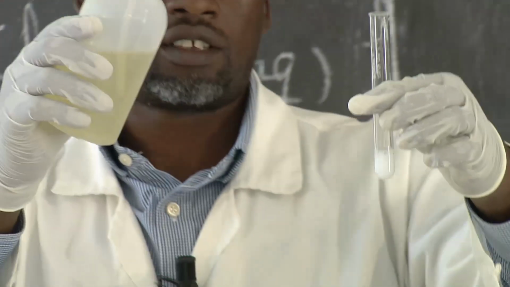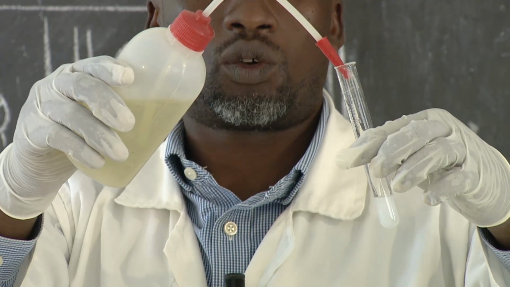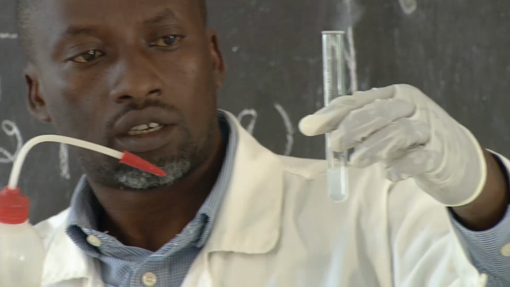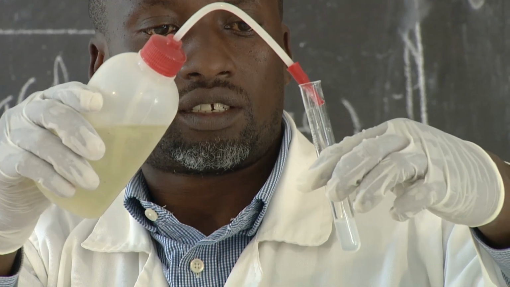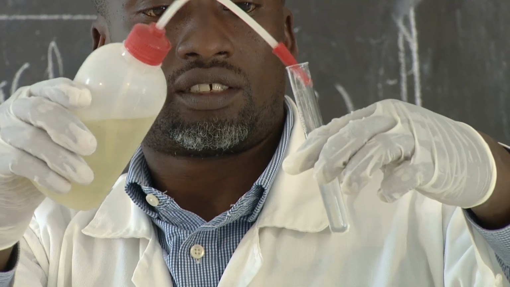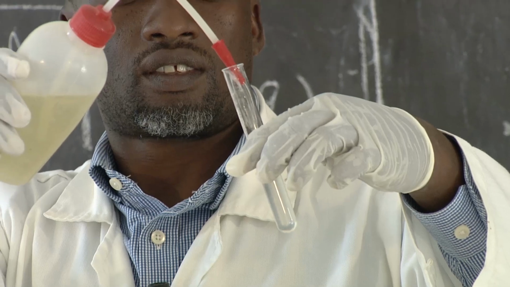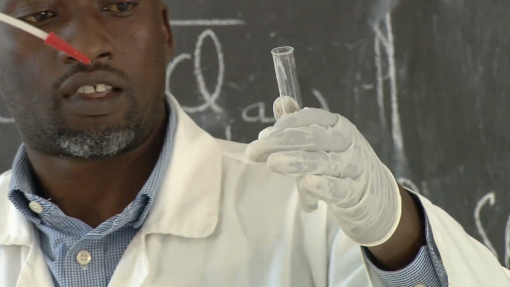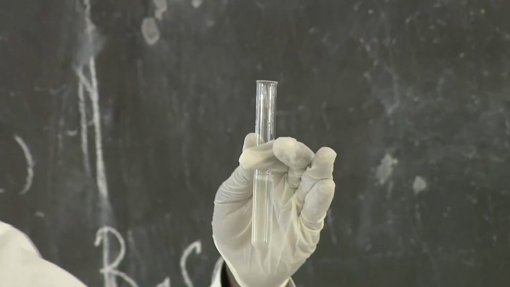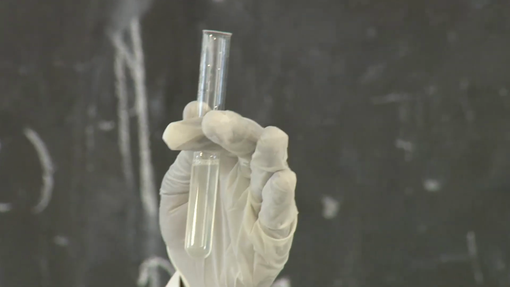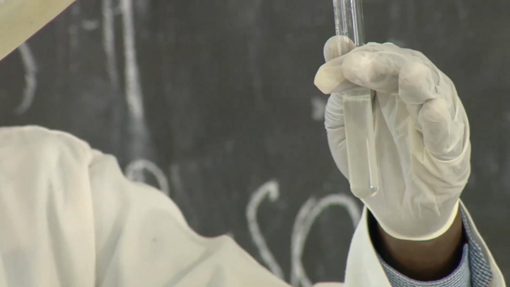Let's add hydrochloric acid. Adding hydrochloric acid. Just take a very close look at this. When you take a close look at this solution, it is changing. The precipitate is disappearing in this solution.